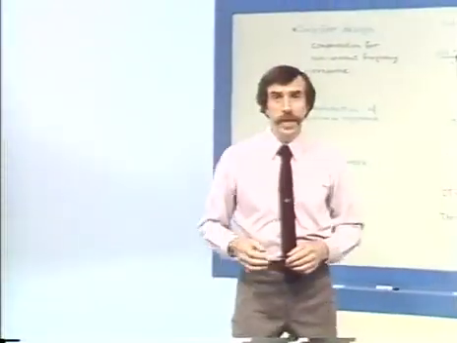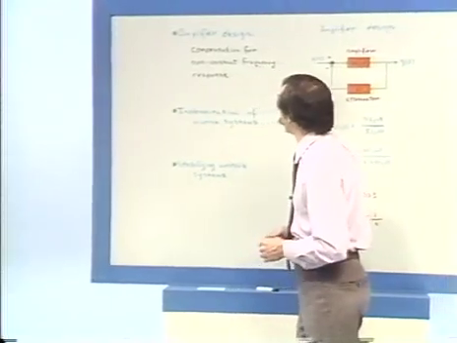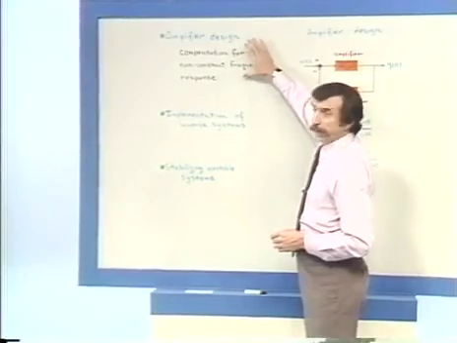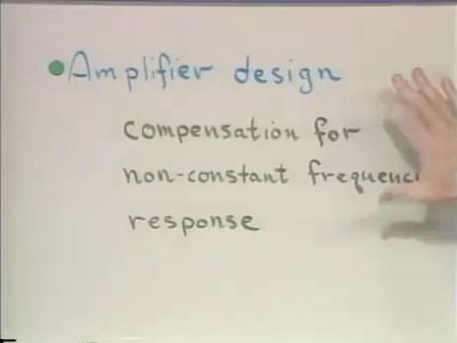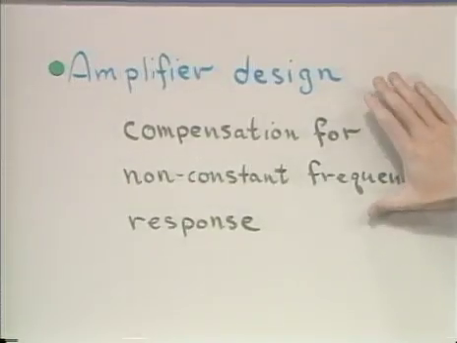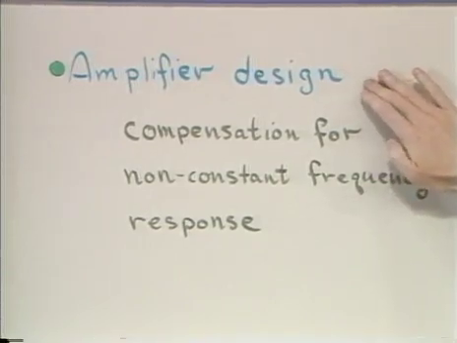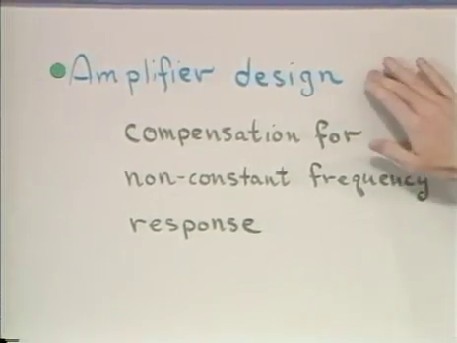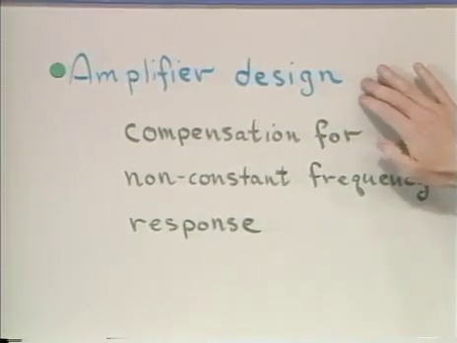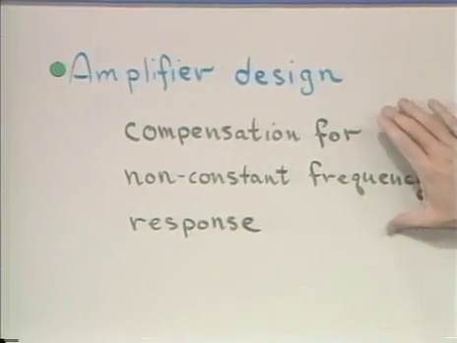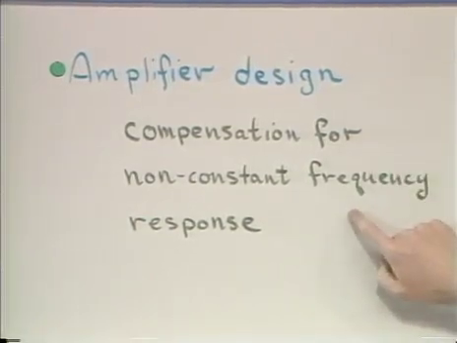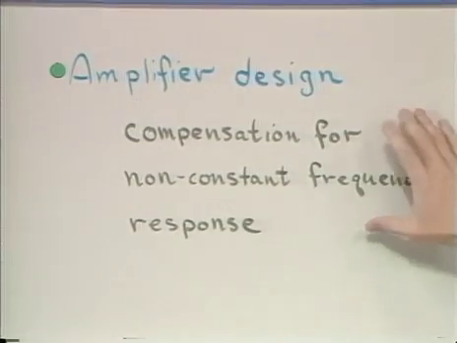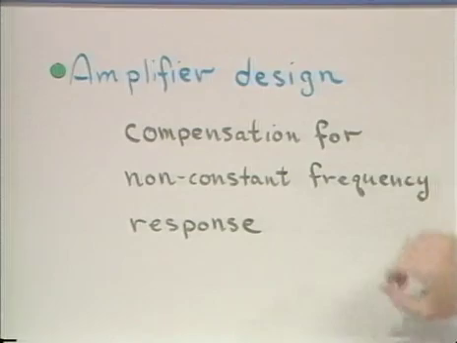Well, the examples that I want to talk about are, first of all, the use of feedback in amplifier design. We're not going to design amplifiers in detail, but what I'd like to illustrate is the basic principle behind why feedback is useful in designing amplifiers, in particular, how it plays a role in compensating for a non-constant frequency response. So that's one context that we'll talk about.